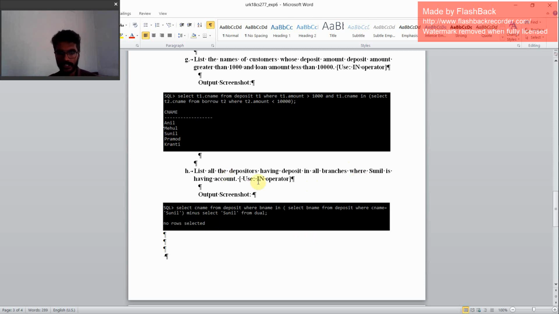You get all the depositors having deposit in all branches, and then you subtract Sunil. There will be no rows, so Sunil has deposits in all the branches.